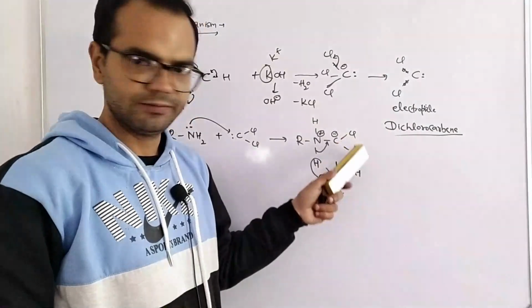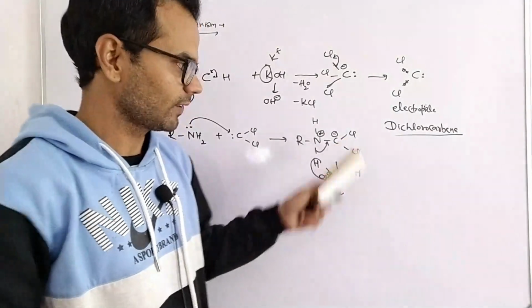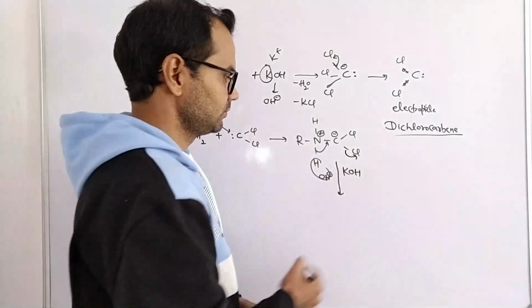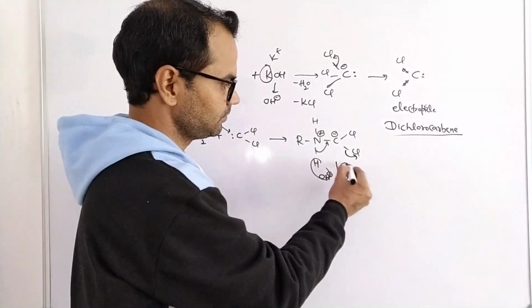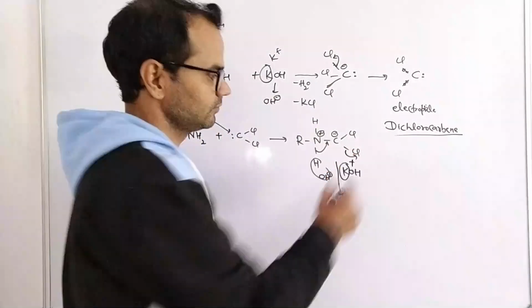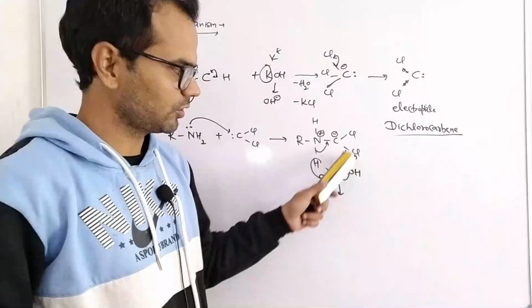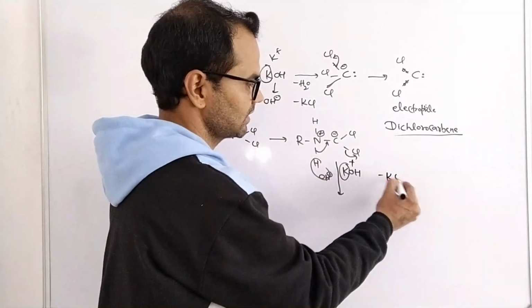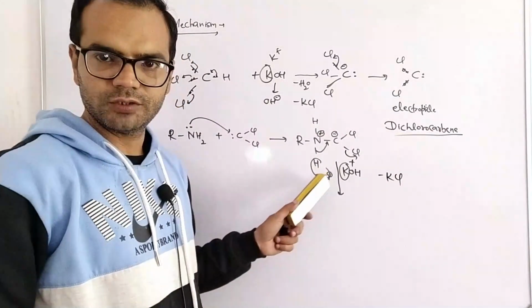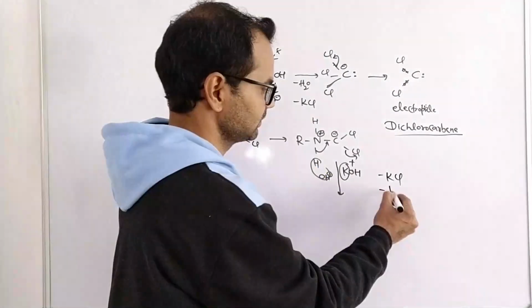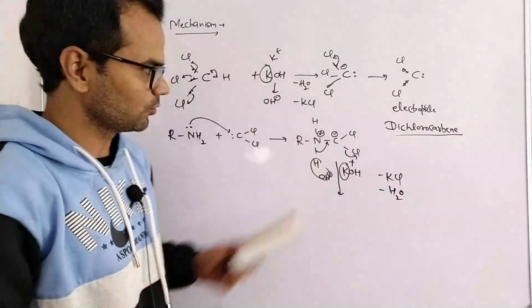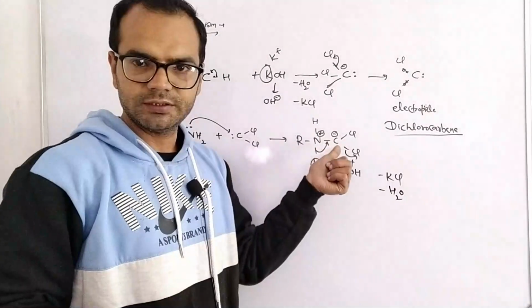It will eliminate from here, and it will react with potassium. So another formation of KCl, minus KCl, and one more water molecule is formed, minus H2O, resulting in the formation of a double bond here.